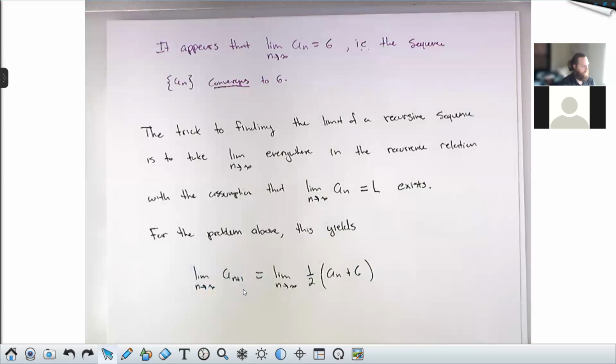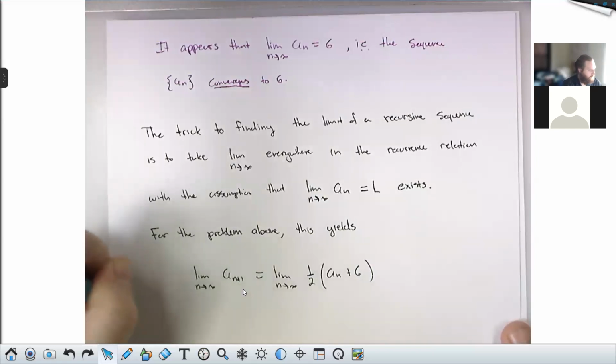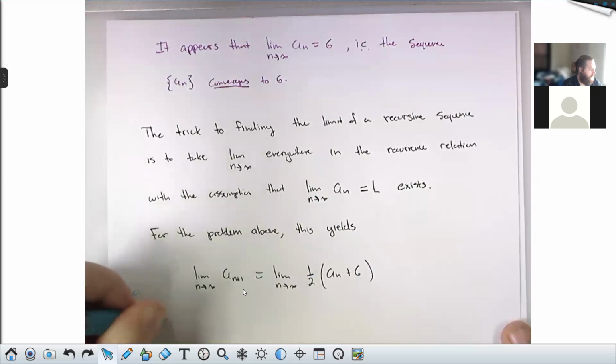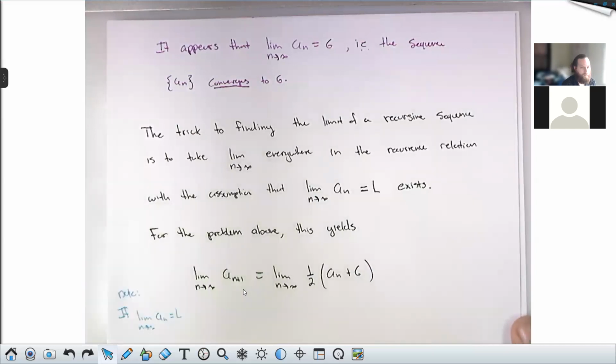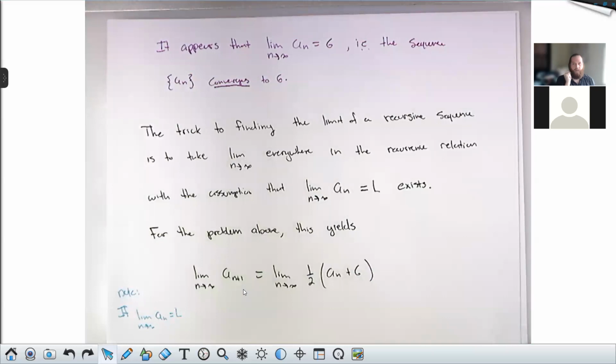Let me say over here, if the limit as n goes to infinity of a_n equals L, what can you say about the limit as n goes to infinity of a sub n plus 1? Or what is the relationship between a_(n+1) and a_n? We saw this on Wednesday a little bit when we talked about geometric sequences.